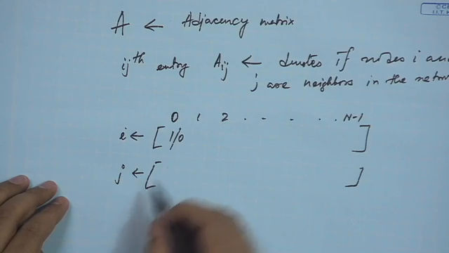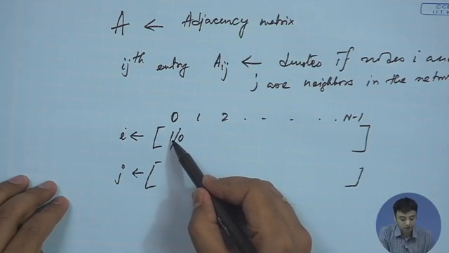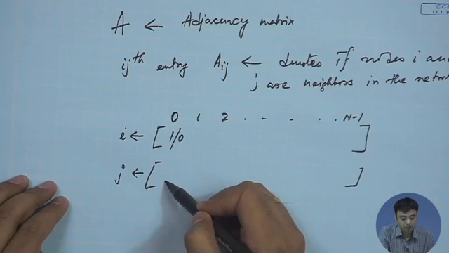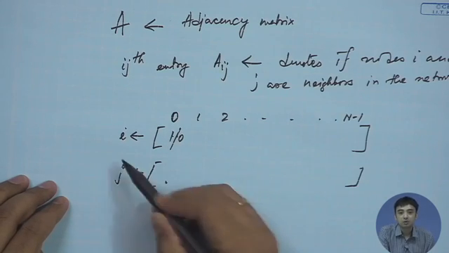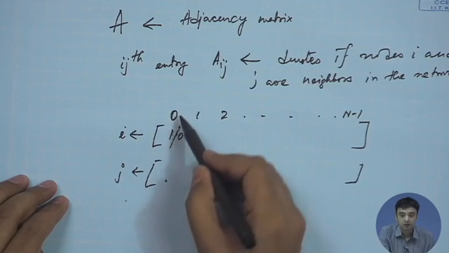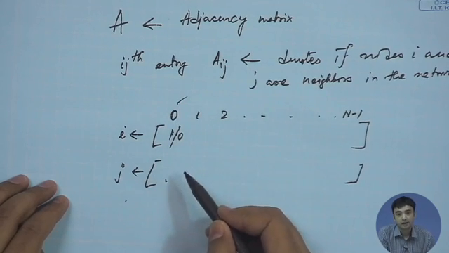Given these two vectors, you can very easily find the common neighborhood. The points where both entries in the two vectors are 1 indicate that this particular node is a common neighbor of both.